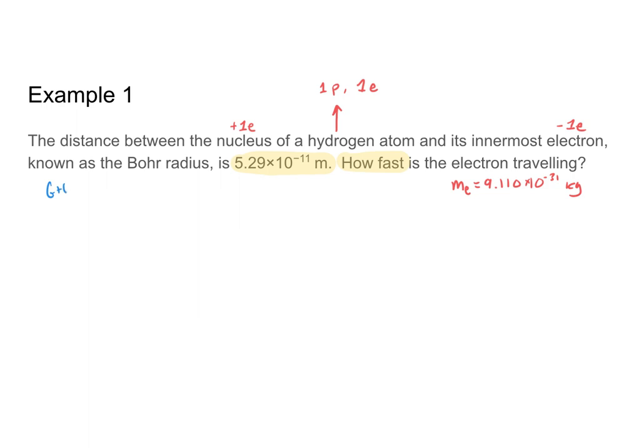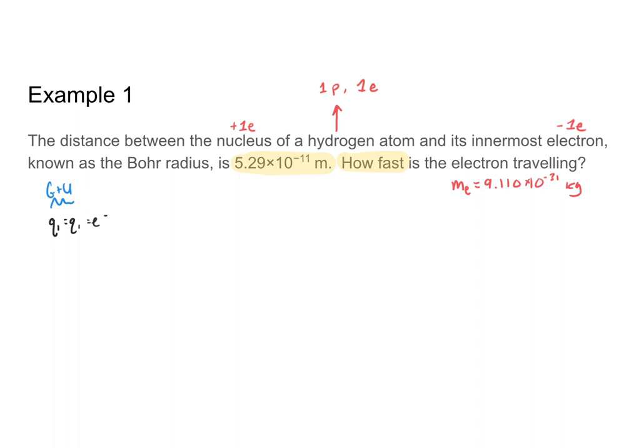So my givens and my unknown: I know that the charge of the hydrogen atom's nucleus is equal to the charge of its innermost electron, which is equal to the elementary charge. Again, we're just going to look at the magnitudes here, because we already know the direction is centripetal. It is attractive because these are two unlike charges.